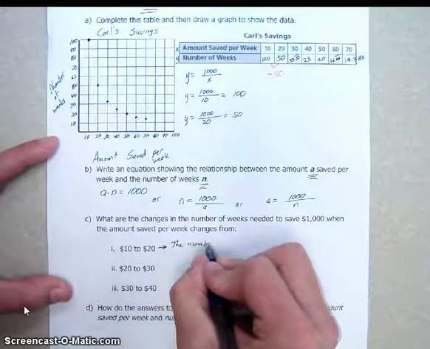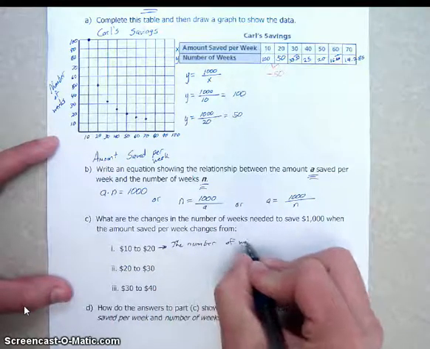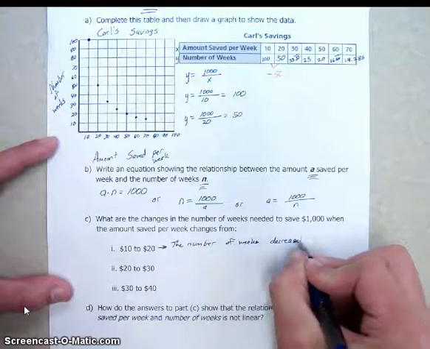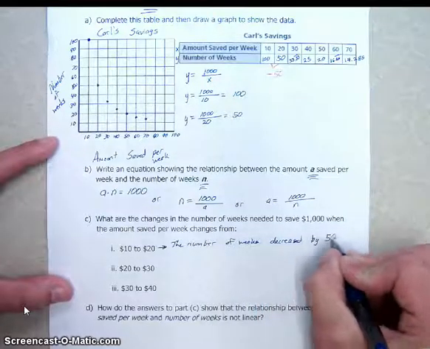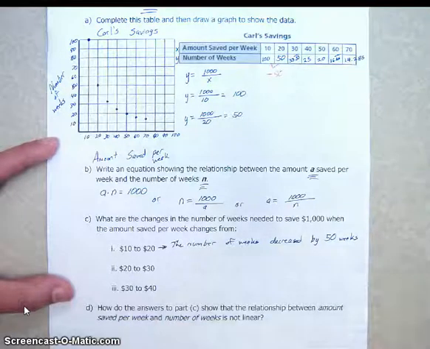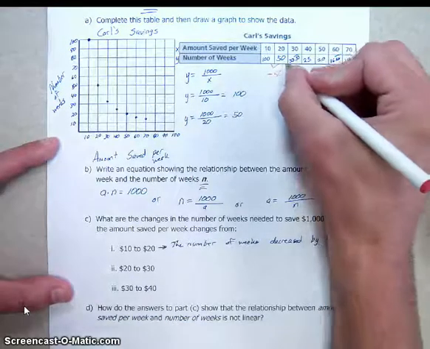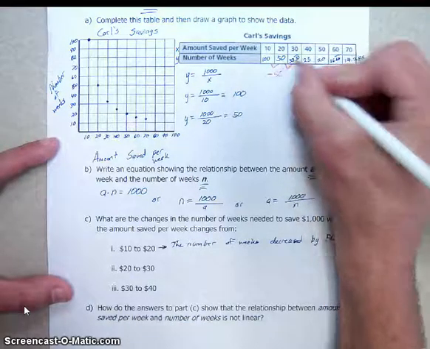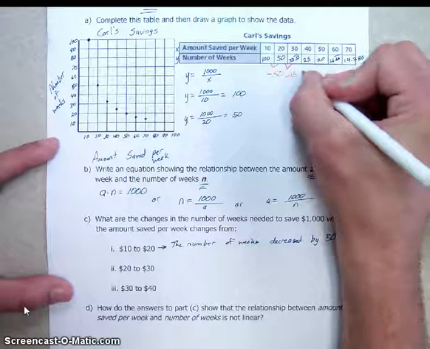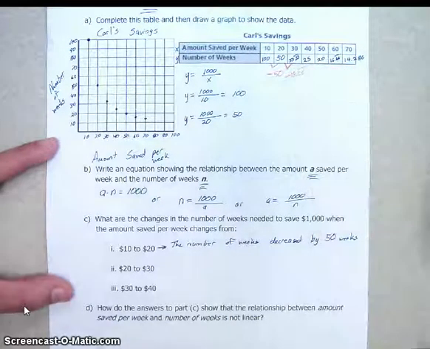The number of weeks decreased by 50 weeks. But then when we go from 20 to 30, back up to my table, we went down by 16.66 repeating.